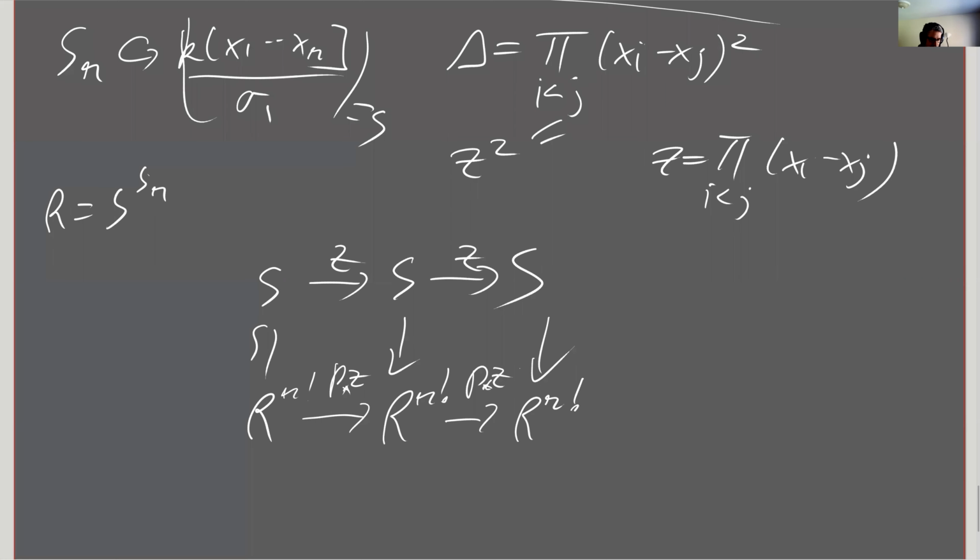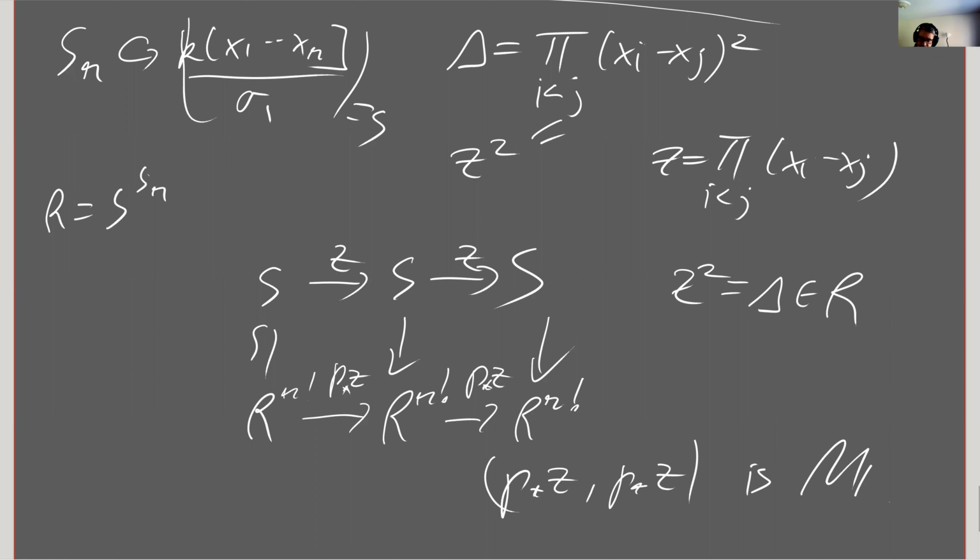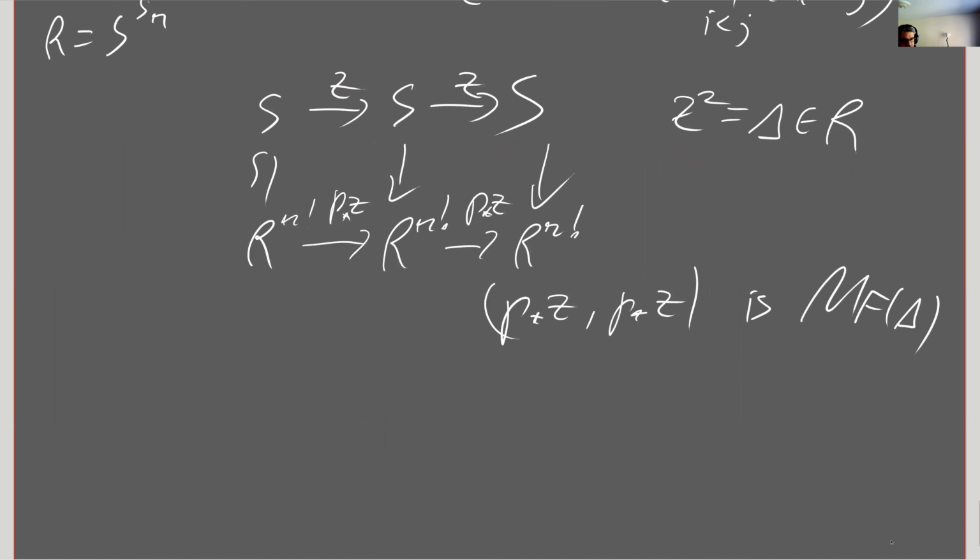The point now is that this is a matrix factorization, right? We know z squared is delta, which is in our ring R, and so p push forward z, p push forward z, is a matrix factorization of delta. It's big. It's an n factorial sized matrix, but it's a matrix factorization of delta.